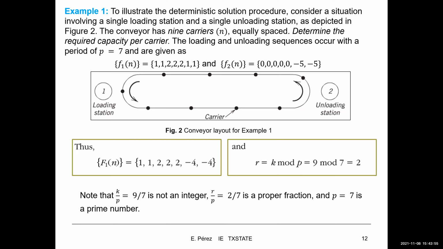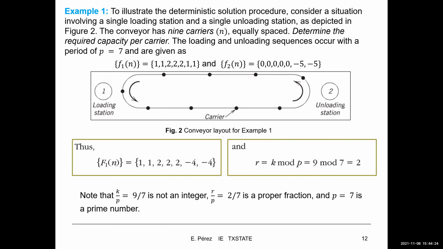In this, we have to compute F1, and we do that by looking at the difference between F1 and F2. So 1 minus 0 is 1, 1 minus 0 is 1, and so on, till we get to 1 plus minus 5, so that's minus 4. 1 plus minus 5 is also minus 4.